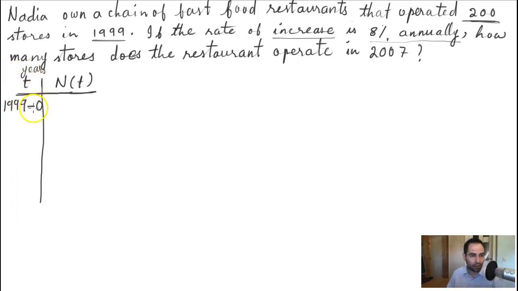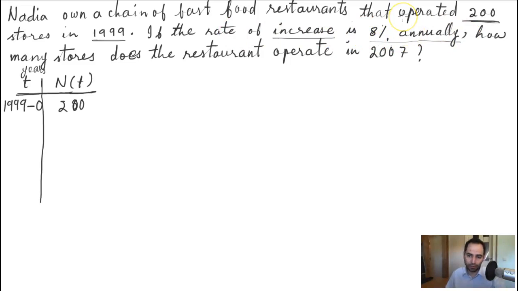So I call this 0 in this function, and the number of stores that the restaurant operated was 200 at this point. Now the rate of increase is 8% annually.